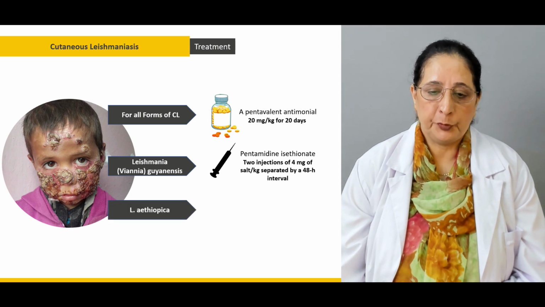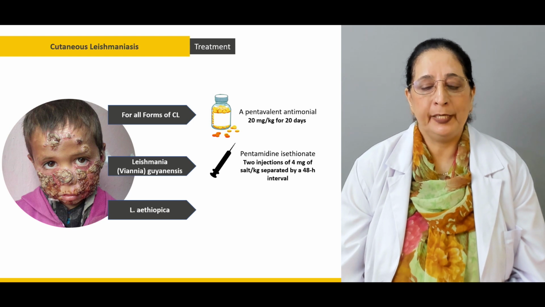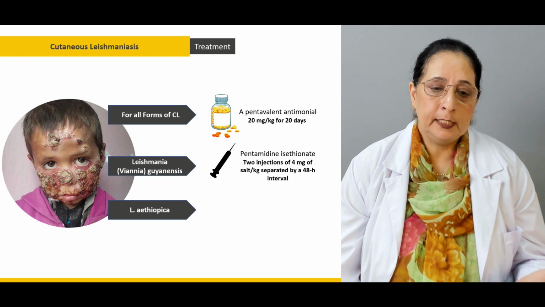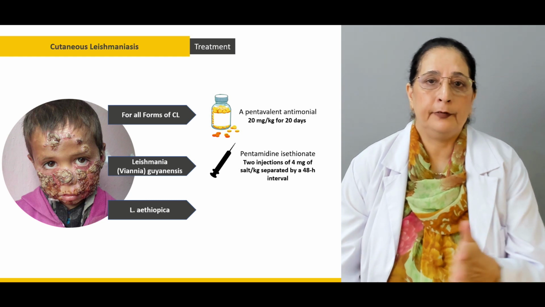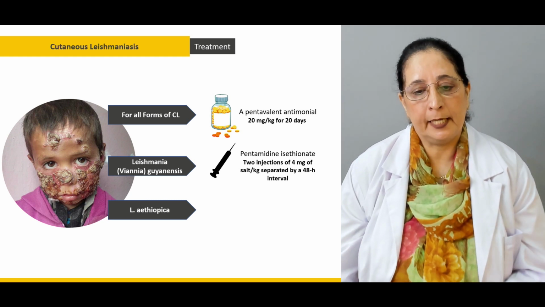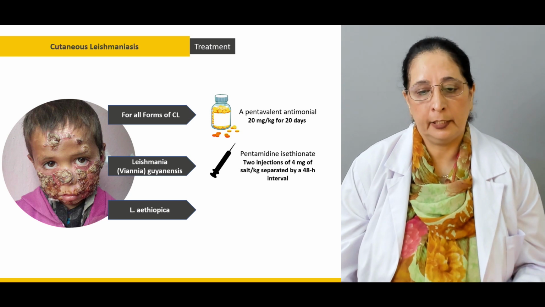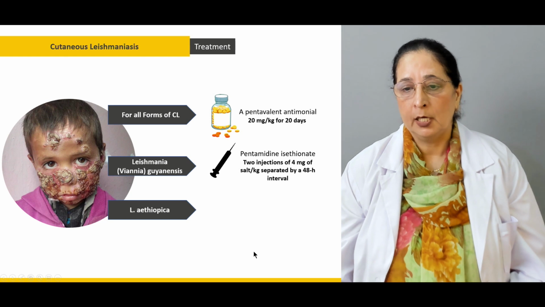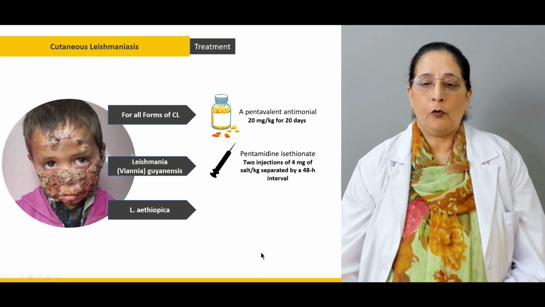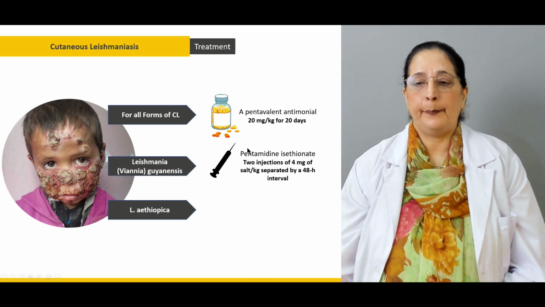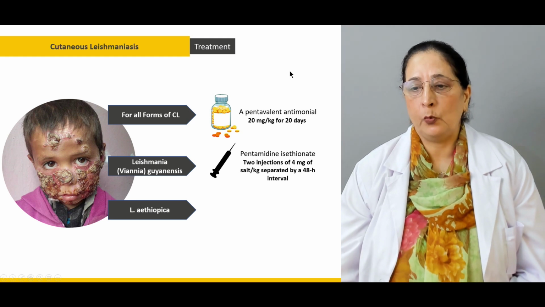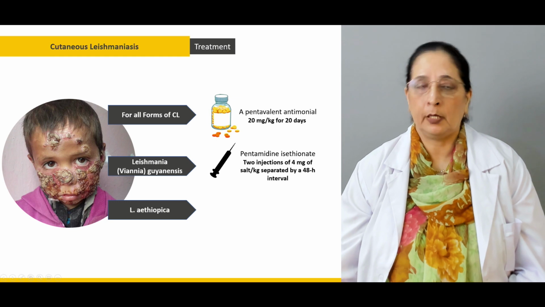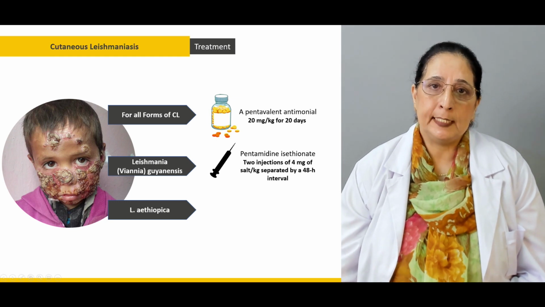Then we have Leishmania aethiopica, which is in Ethiopia. So all these are named after the region they are present in: Viannia, Ethiopia, Brazil, the tropical region. So treatment may be for all forms. We have a pentavalent antimonial drug, which is 20 milligram per kilogram body weight for 20 days.